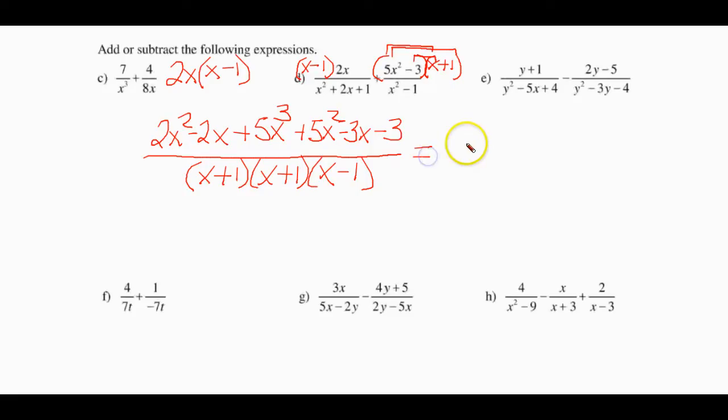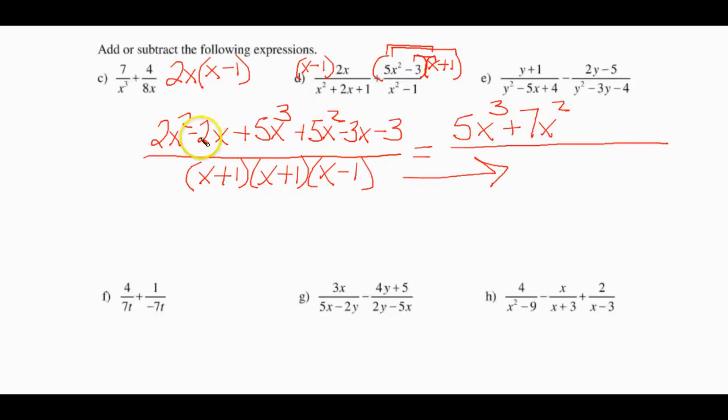Now what do I do? Well, my common denominator stays the same, but now I combine like terms and put them in descending order. So 5x to the third, I have a 2x squared and a 5x squared becomes a 7x squared.